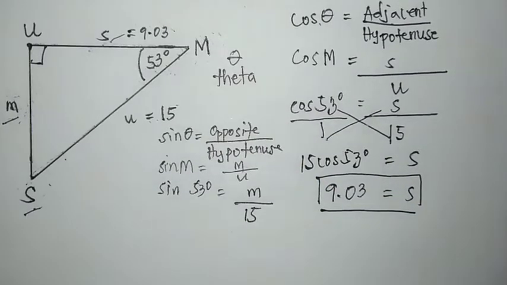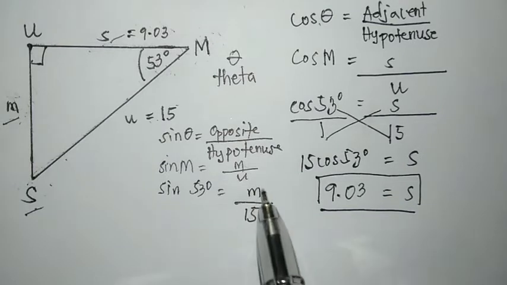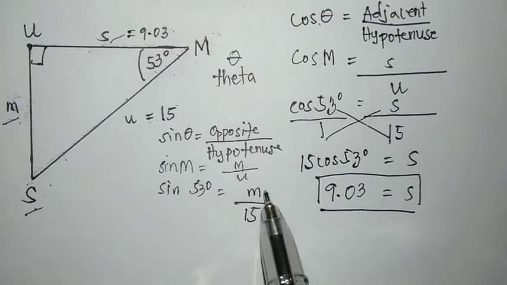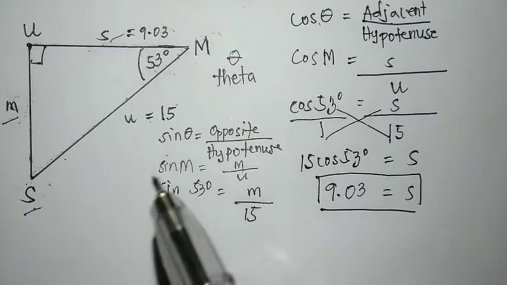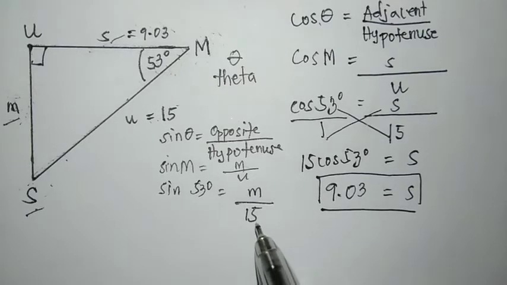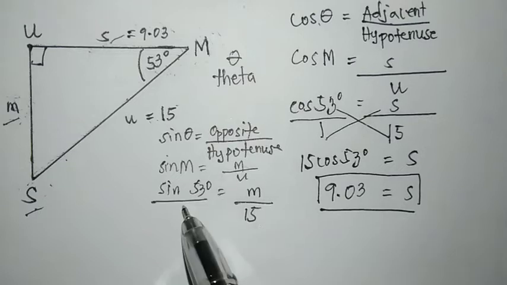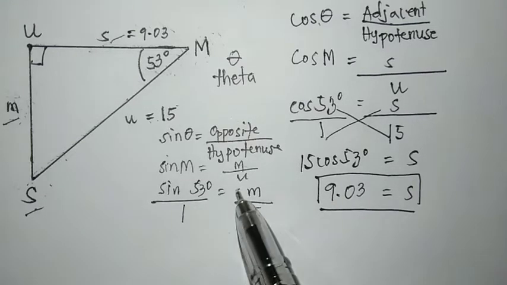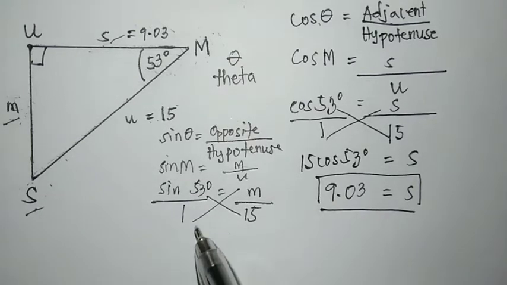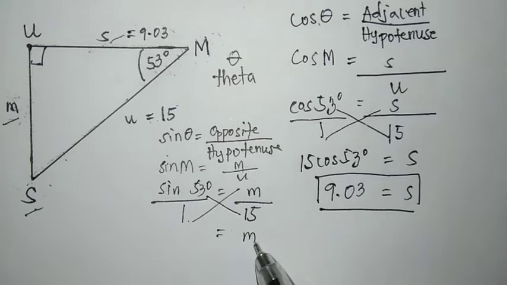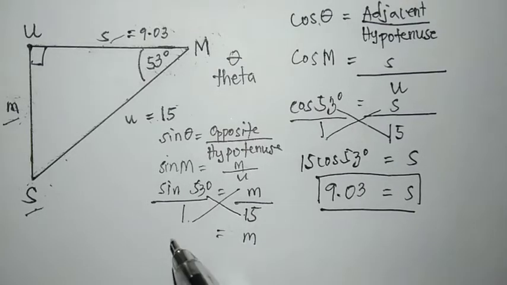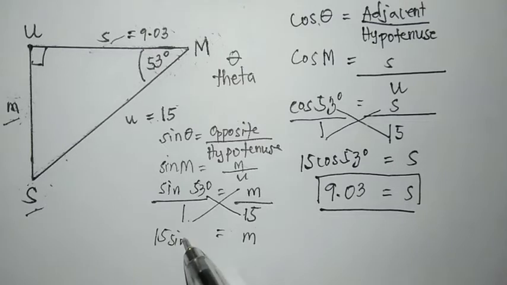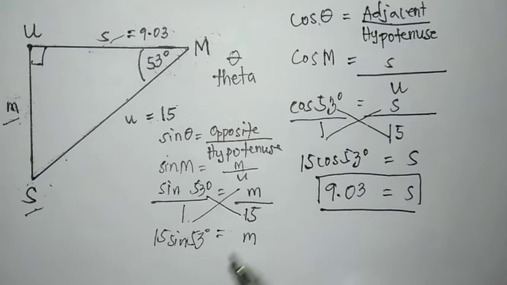Wala pang given si M, kaya ilalagay lang muna natin. Siya kasi yung hahanapin natin. Kapag ganito yung situation, nandito sa denominator ang ating given, gagamit tayo ng cross multiplication. So, 1 times M is equal to M, and 15 times sine 53, 15 sine 53 degrees.